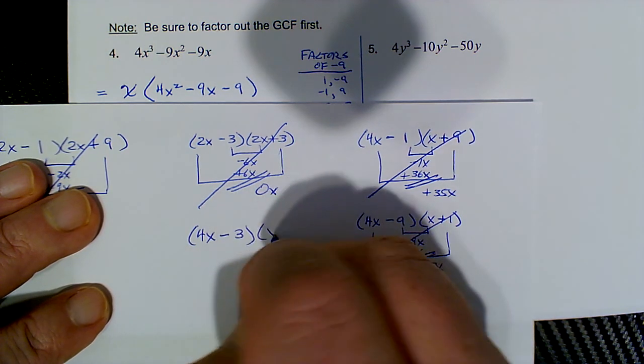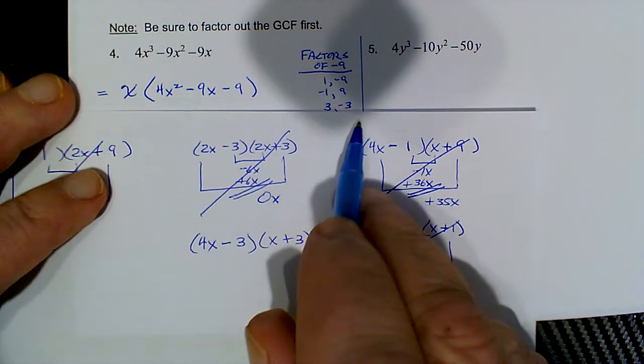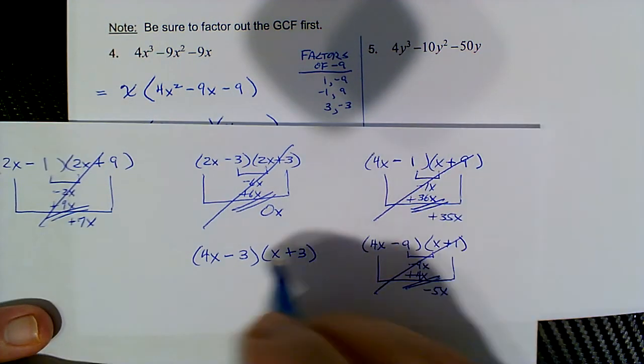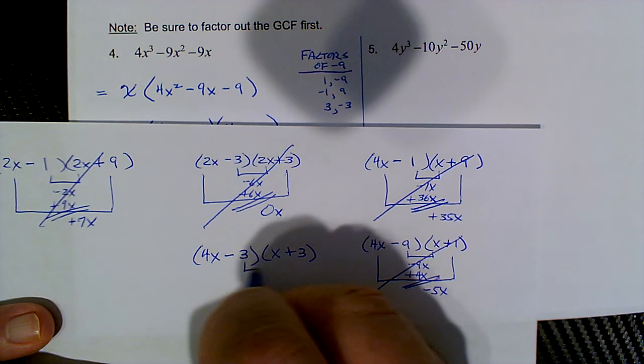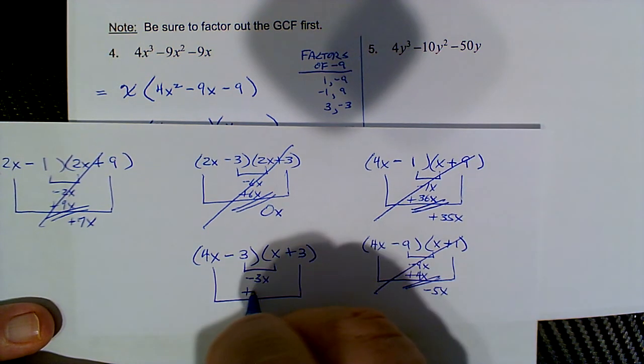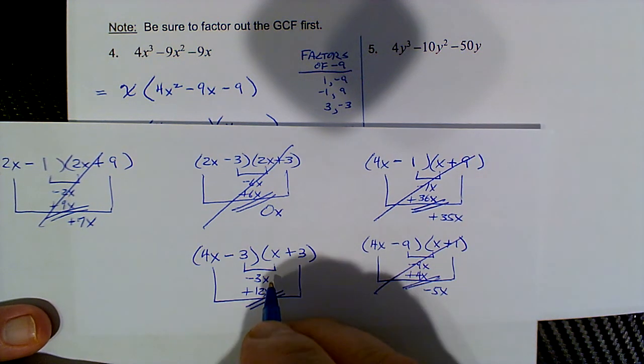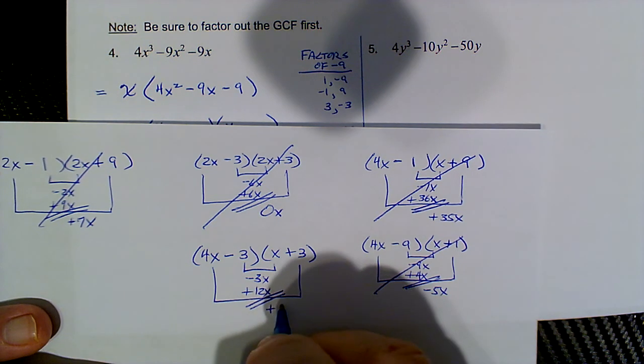So 4x minus 3 and x plus 3. So the 3 and the 3 is the only choice. And the inner one gives negative 3x. The outer, positive 12x. They combine to give us positive 9x.